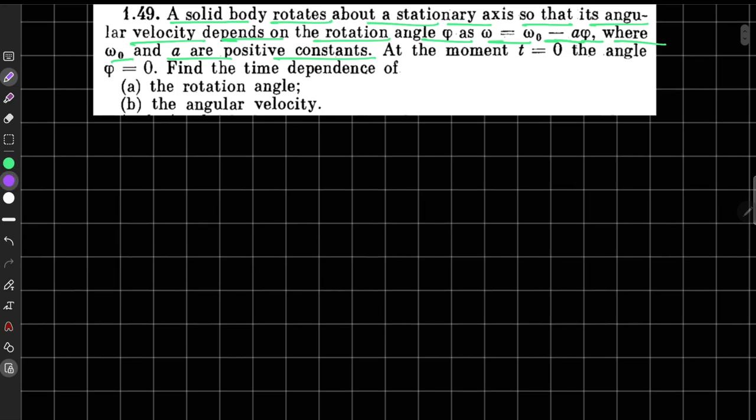Let us say this is a solid body which is rotating about an axis passing through this particular point, and that axis is stationary, which is not moving.